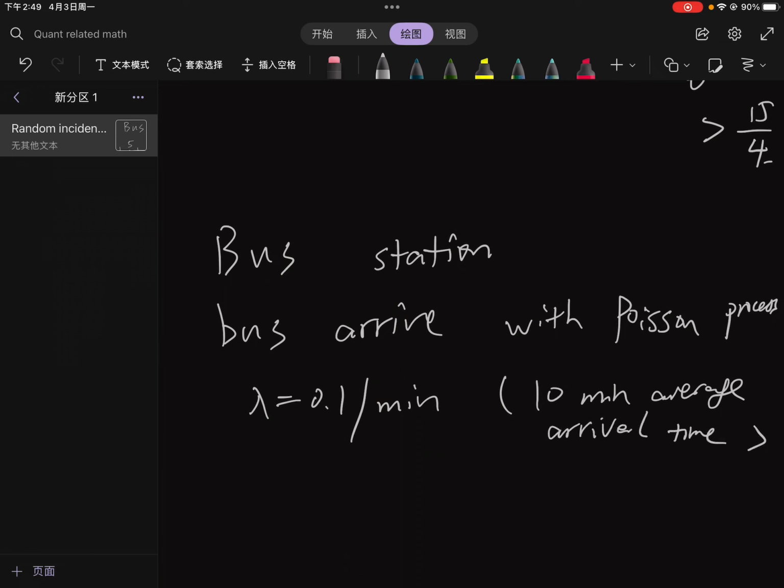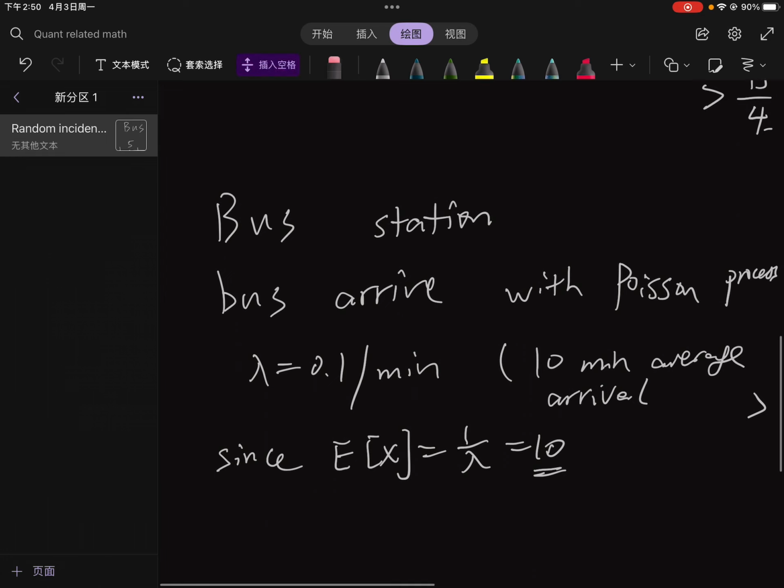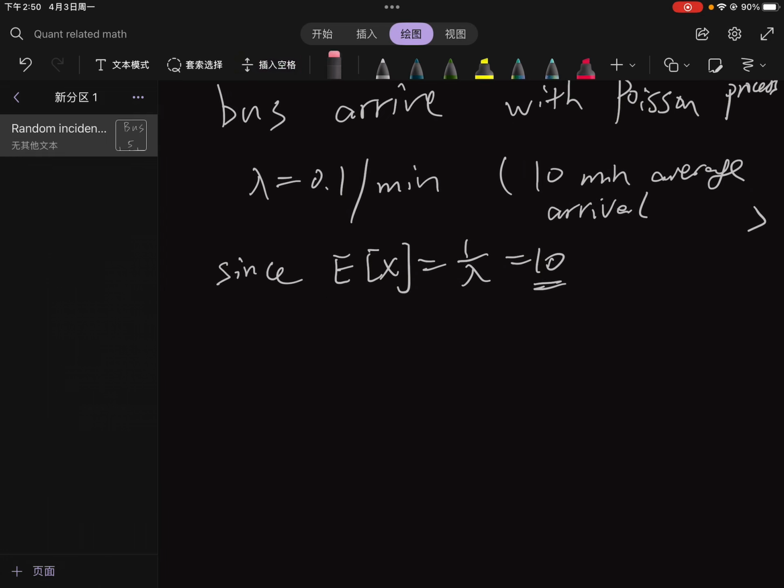Right? Because lambda is 0.1 per minute, and the expected value of x is 1 over lambda, which is equal to 10. It's 10 minutes, right? Which makes sense.